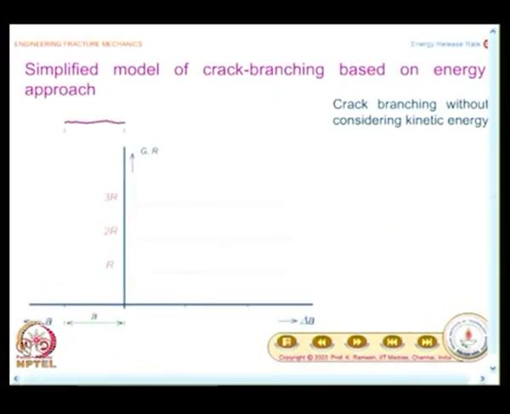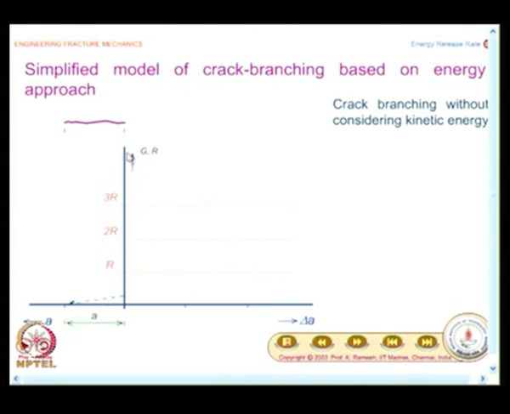Look at this animation. What I want to show is, I have a crack, and on the y axis I have drawn a horizontal line corresponding to resistance R, and 2 times R and 3 times R, and let the initial crack be A, and on the positive x axis you plot delta A. The crack will initiate only when the stress levels are sufficiently high.